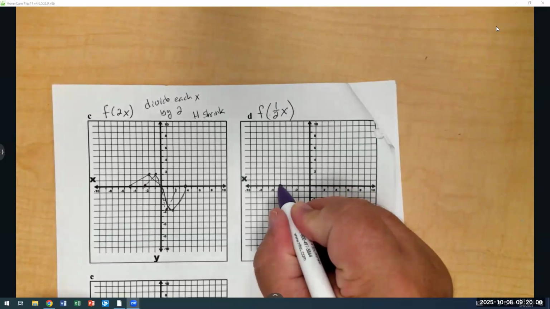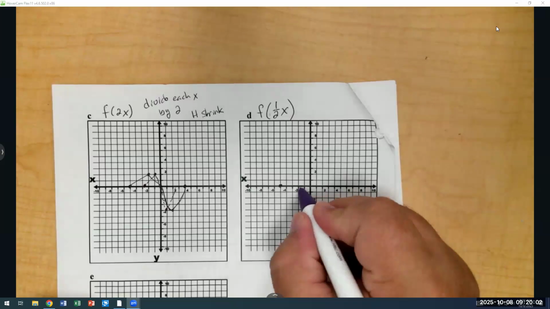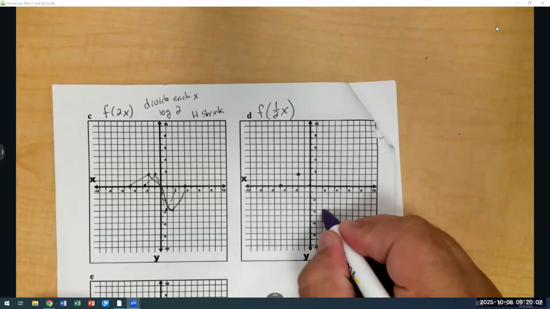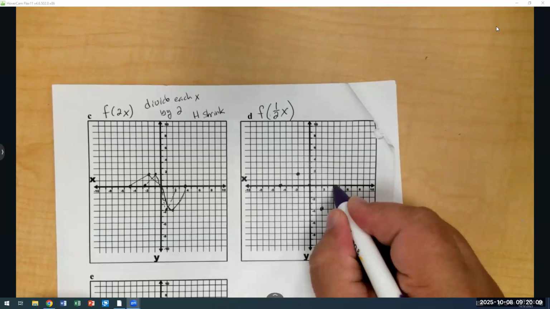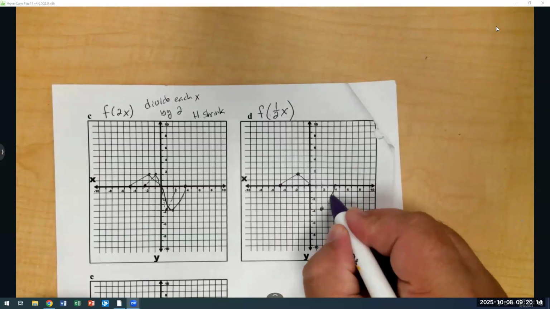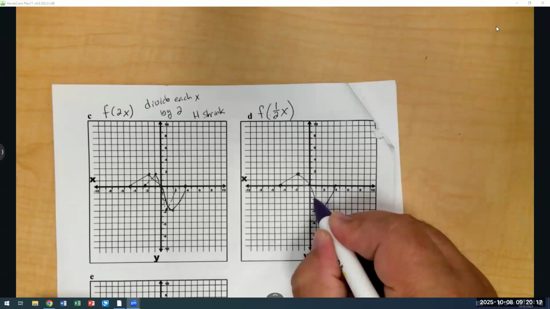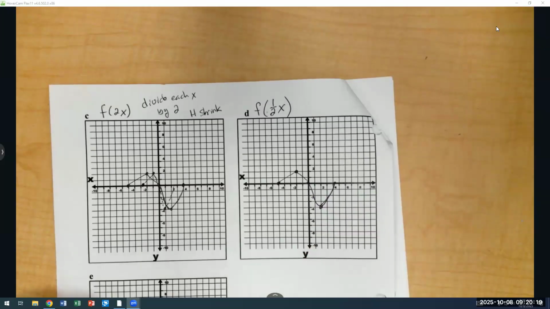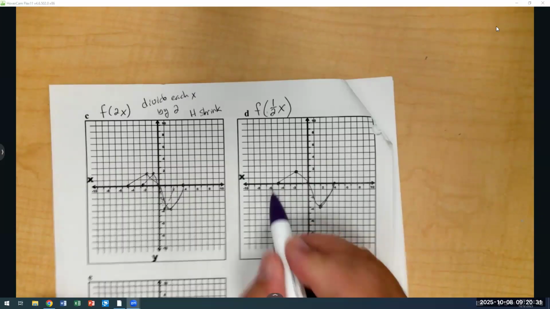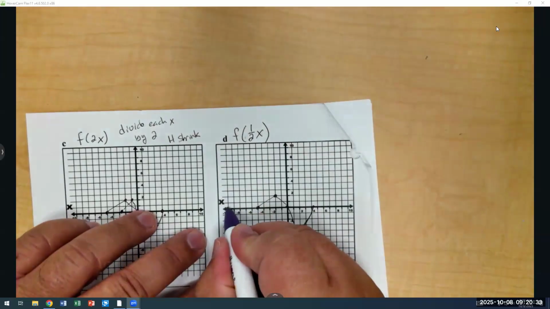So it starts off at negative 5, 0, negative 2, 2, 2, 4. So this is my original graph. So the first one, negative 5 becomes what? It becomes negative 10. Very good.